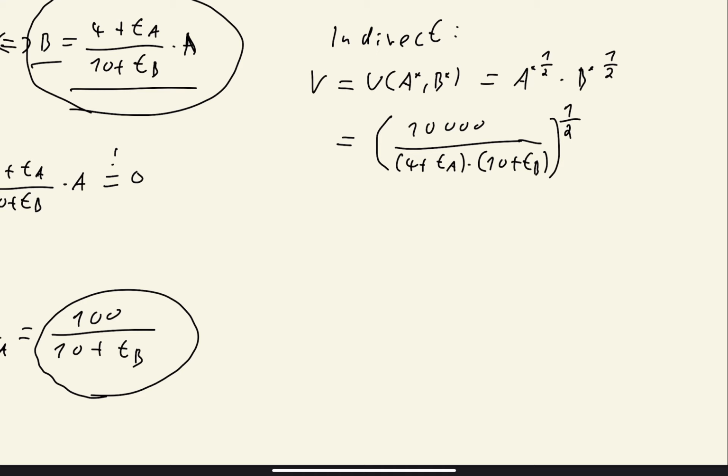And as you can see, it's strictly decreasing in the height of the taxes, because obviously, if taxes are increasing, the consumer can consume less of apples and bananas, and hence his utility will decrease. And this finishes exercise number 2.